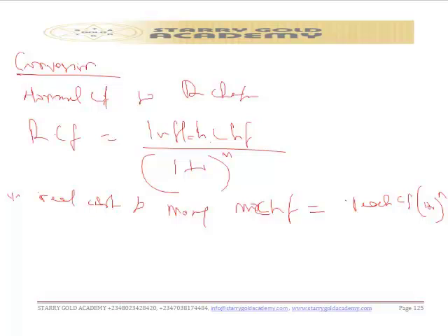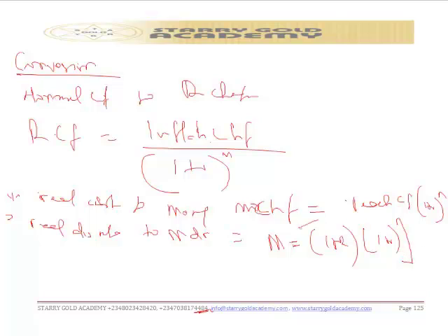And also, if you want to convert real discount rate to money discount rate, m is equal to the bracket 1 plus r, close the bracket, times the bracket 1 plus i, that's the inflation rate, close the bracket, everything minus 1.